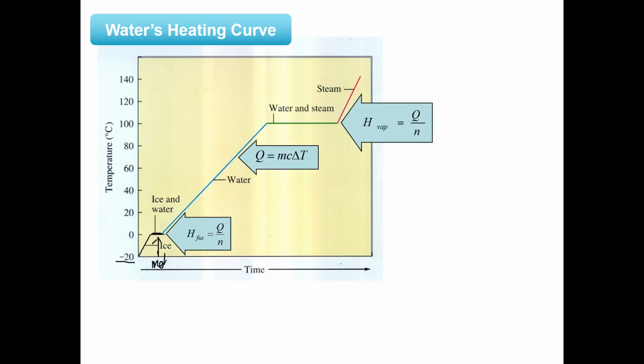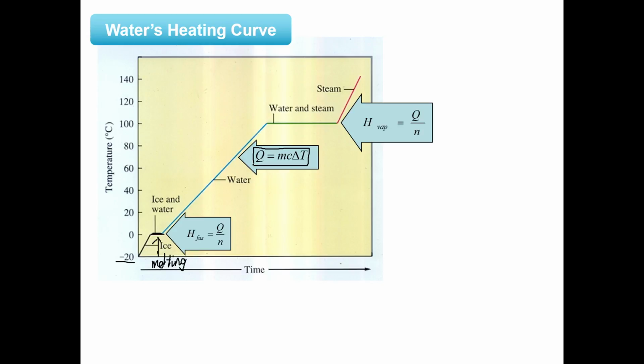Temperature, once again, does not change when ice is melting. While it's liquid between 0 degrees and 100 degrees, there's no phase change. Then we use specific heat capacity. We can calculate the temperature change of water. Remember, water, not ice, not steam.